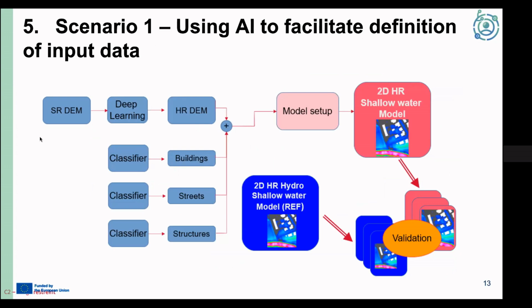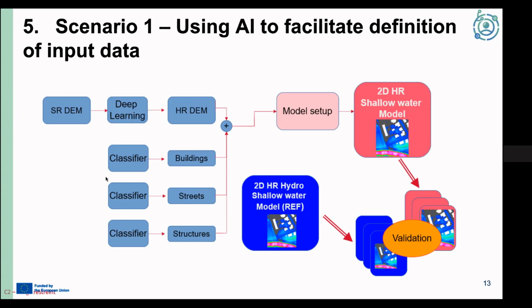In another scenario, we are using AI to facilitate the definition of input data. So we are still using the hydrodynamic model, but we're using AI to process the inputs. So for example, for the DEM, we can have a model which applies a super resolution.